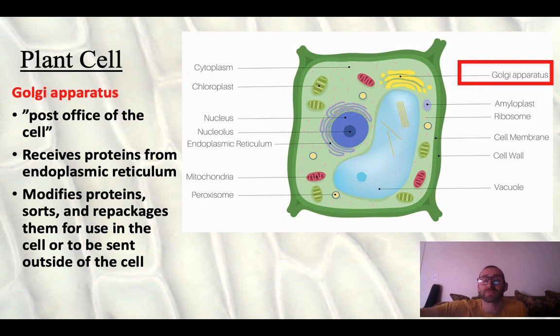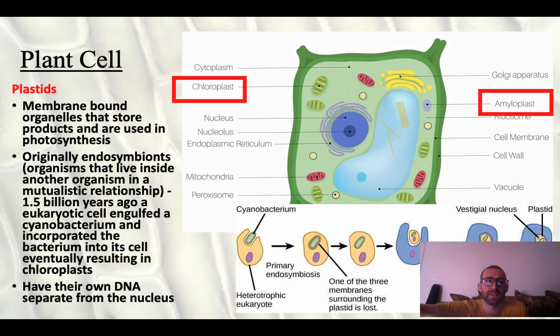Within the endoplasmic reticulum, that protein gets folded up and sent to the Golgi apparatus. The Golgi apparatus then modifies that protein, repackages it, sorts it out, and sends it either to where it's going to be in the cell or somewhere out of the cell. Bam. All of those organelles. Okay. Moving on.